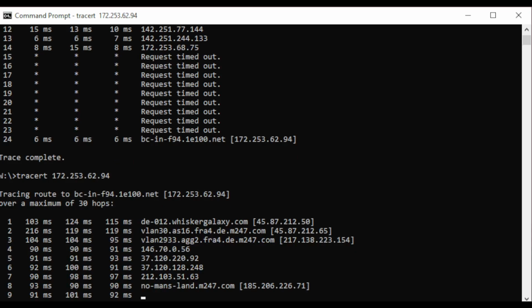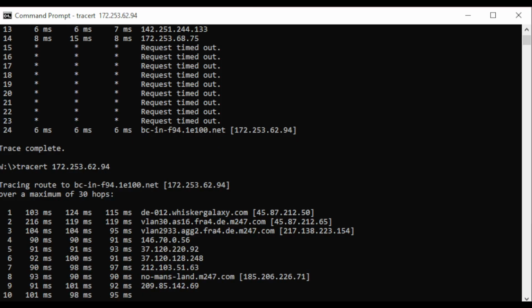Exactly. So if you're trying to access something through a VPN, it thinks you are physically located at that server's location. So that is how this is working.